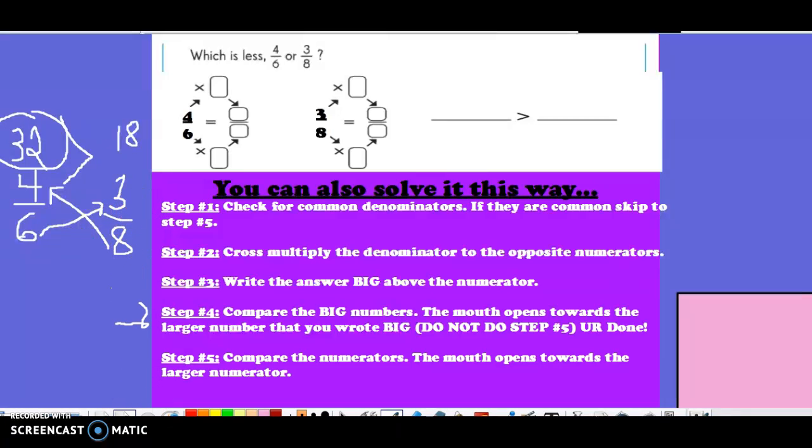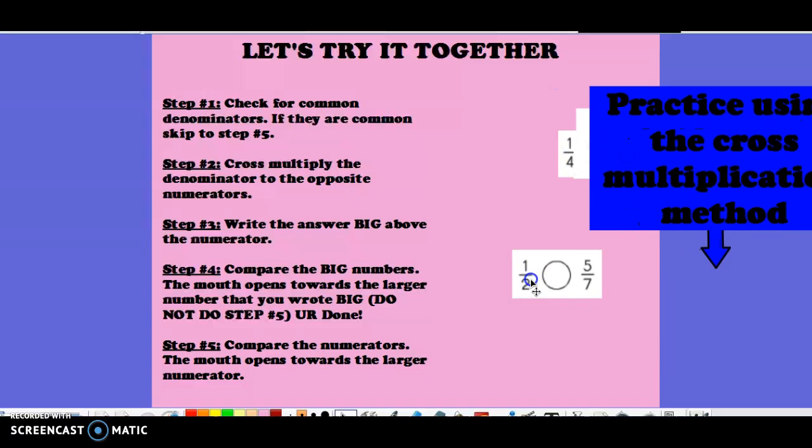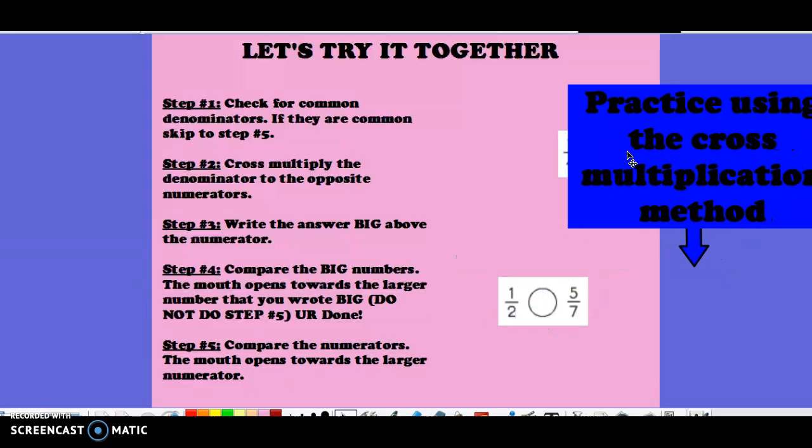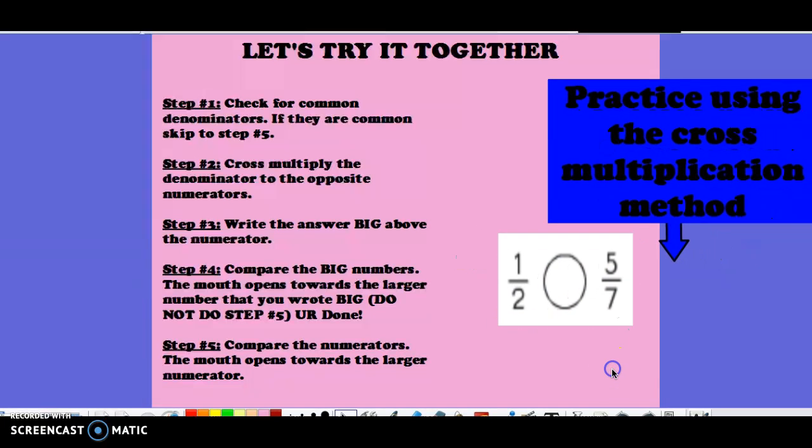Let's take a look at a couple more examples using these 5 steps. Again, I have 5 simple steps that I can follow to compare fractions with either common or uncommon denominators. Let's take a look at 1/2 and 5/7.